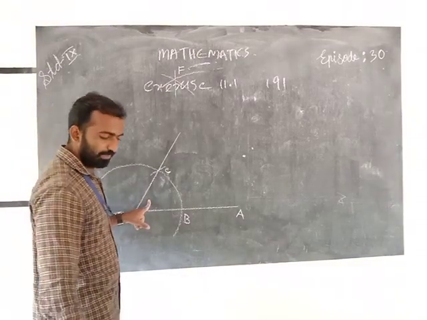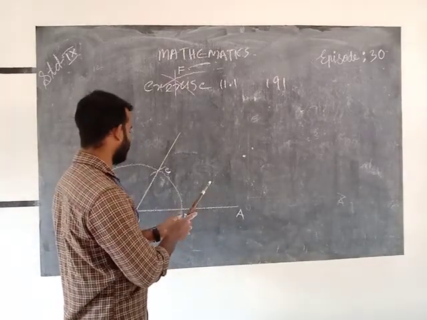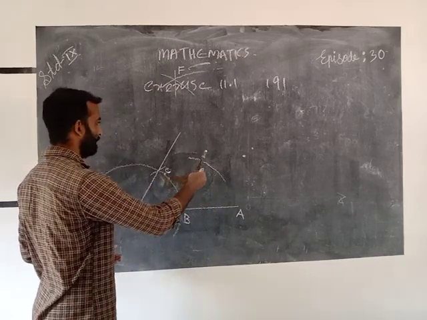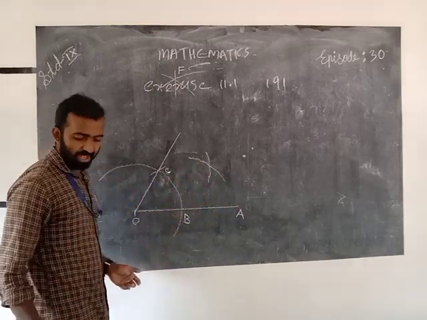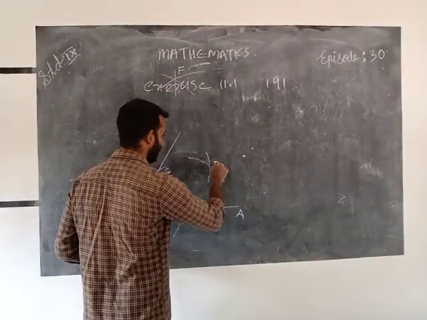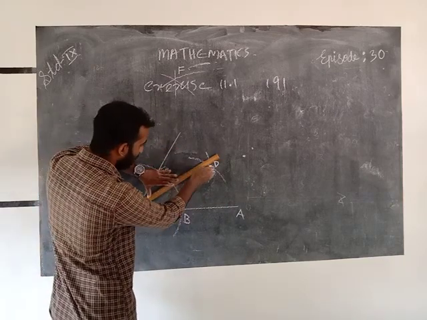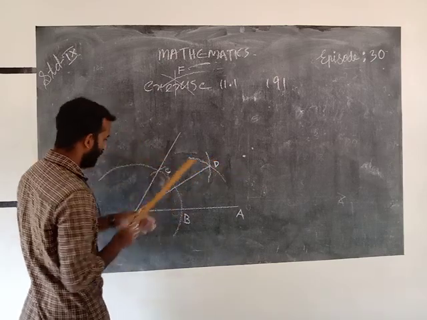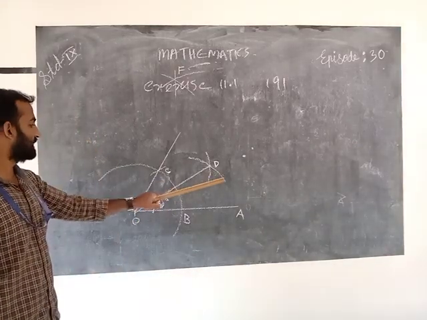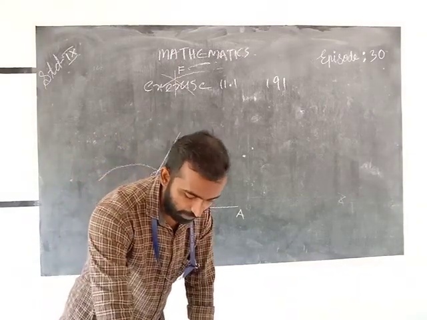Then we take more than half of BC, we mark the arc, and we join D. When we join D and O, the angle is 30 degrees. This is the construction, and the second and third are for your homework.